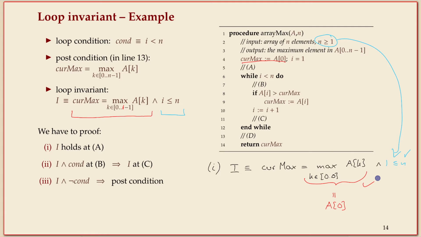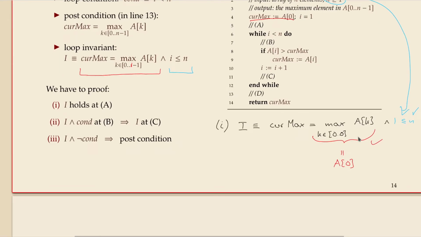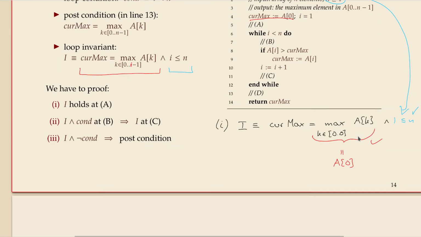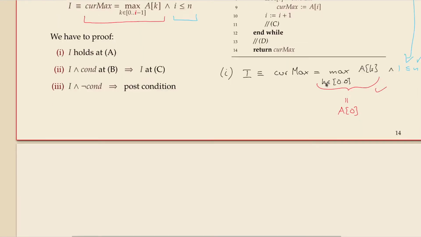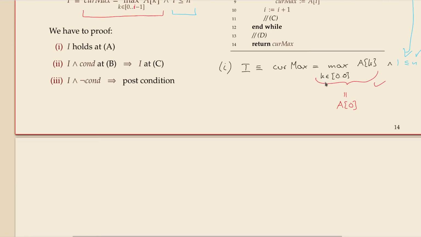Okay? So that was the somewhat easy bit because it didn't really involve the loop yet. I'll try to have the code on the slide as well as my writing. It's going to be a bit of a challenge.